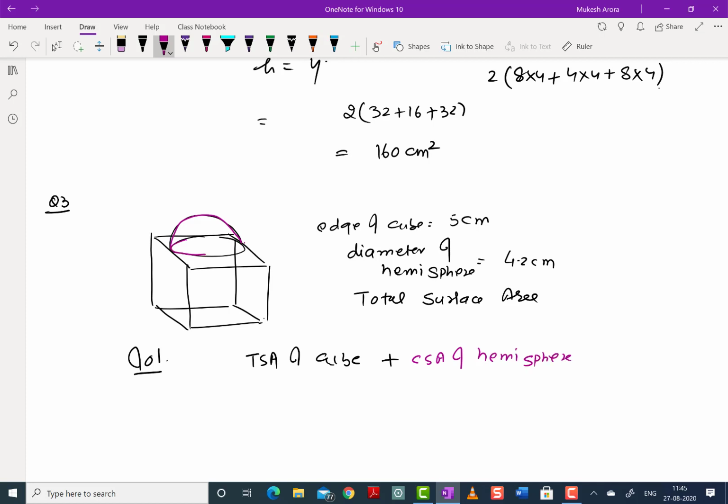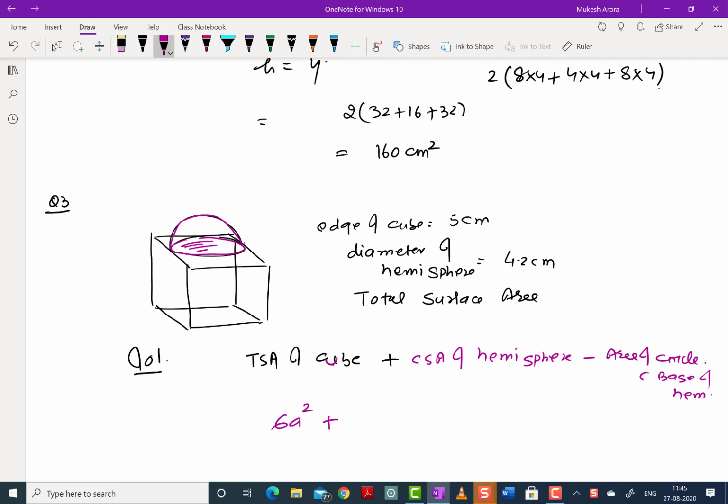As this part has been covered, minus the area of the circle, or area of the base of the hemisphere. So the total surface area is 6a square plus 2 pi r square minus pi r square.